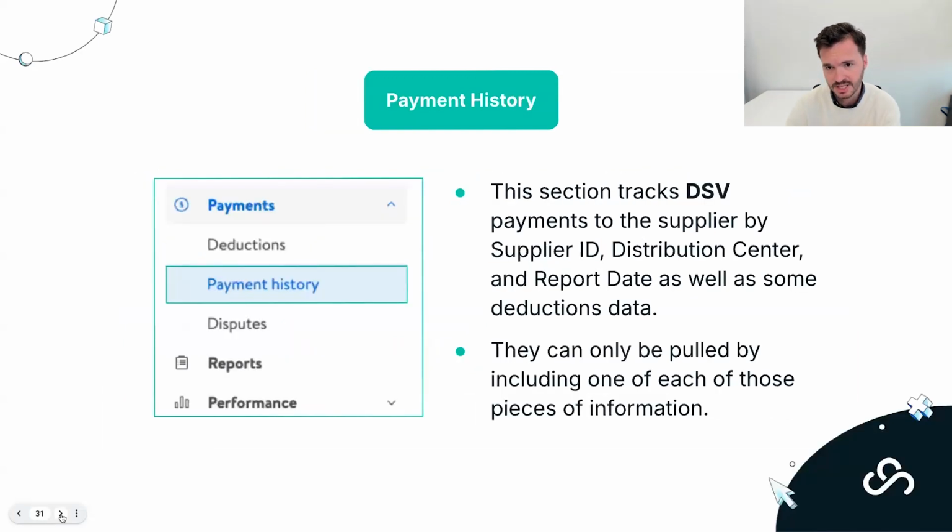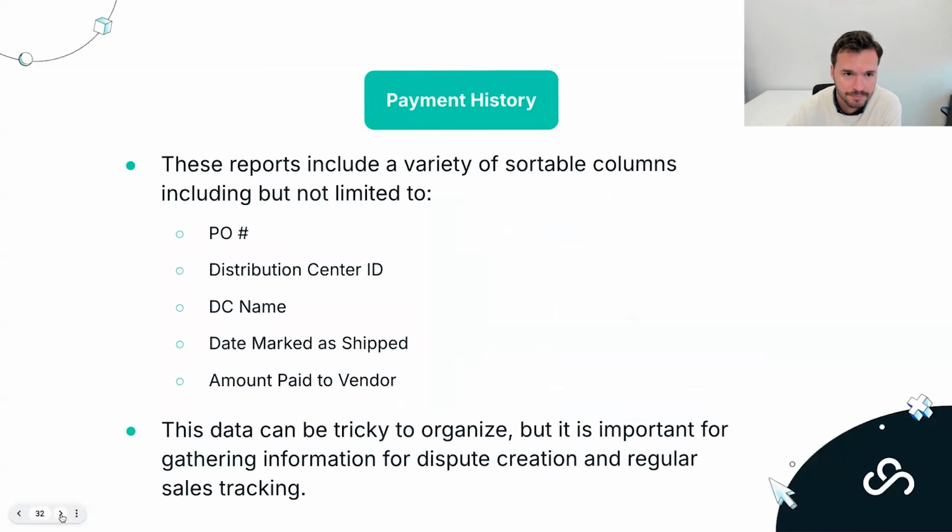Payment history. This is going to track Walmart's DSV payments to the supplier, and it's filterable by supplier ID, distribution center, and report date. It'll also have some deductions data in there as well. So you've got your PO number, the distribution center ID, the DC name, date marked as shipped, and amount paid to vendor.